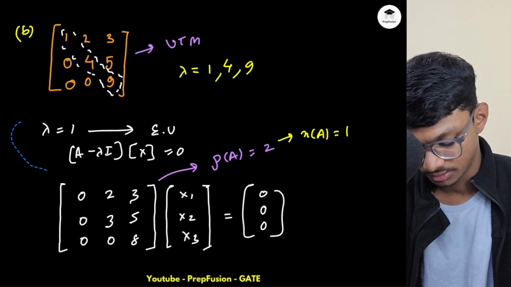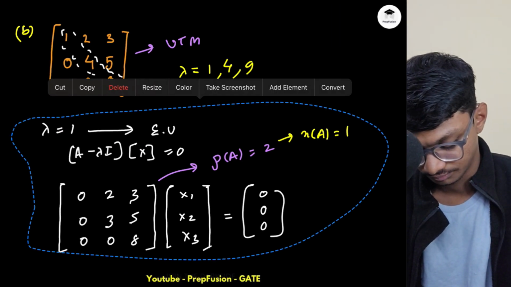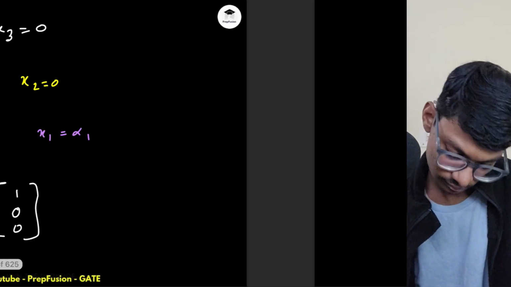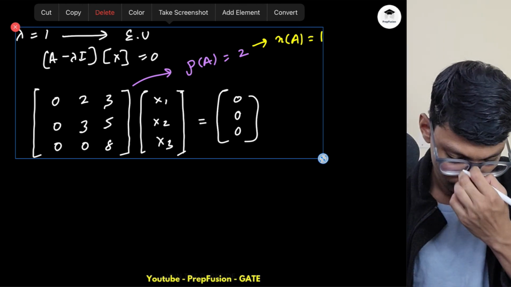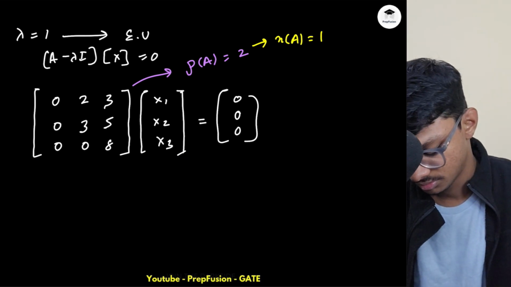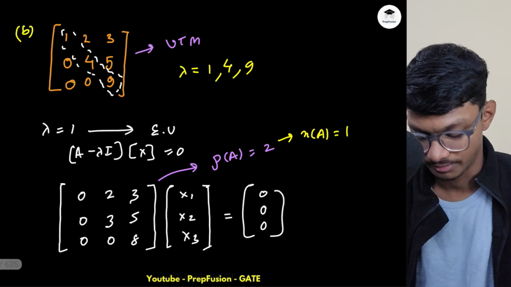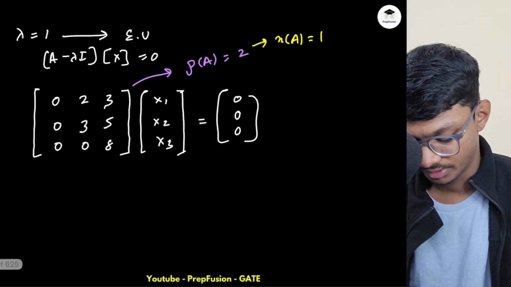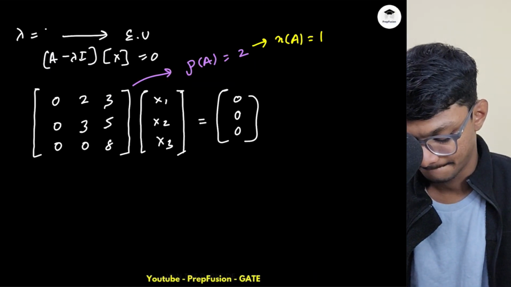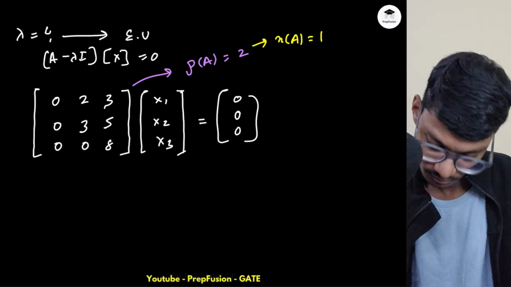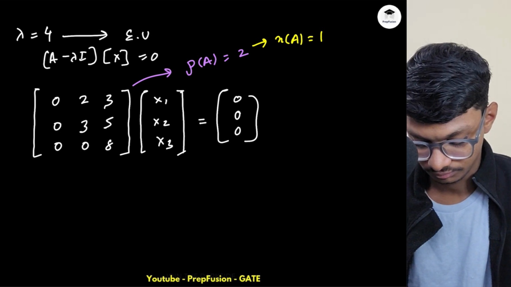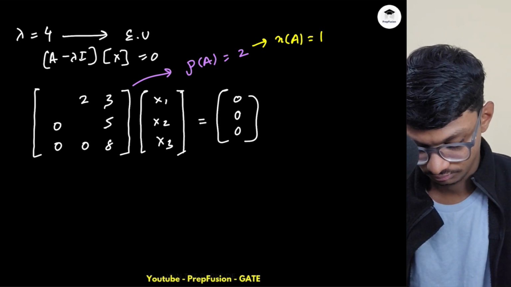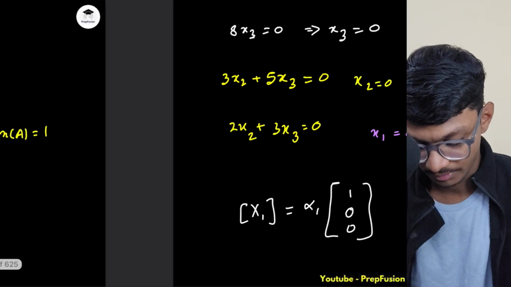Now let's go to the second one. I'll just copy this. Now let me make lambda equal to 4. If I make lambda equal to 4, what does it become?